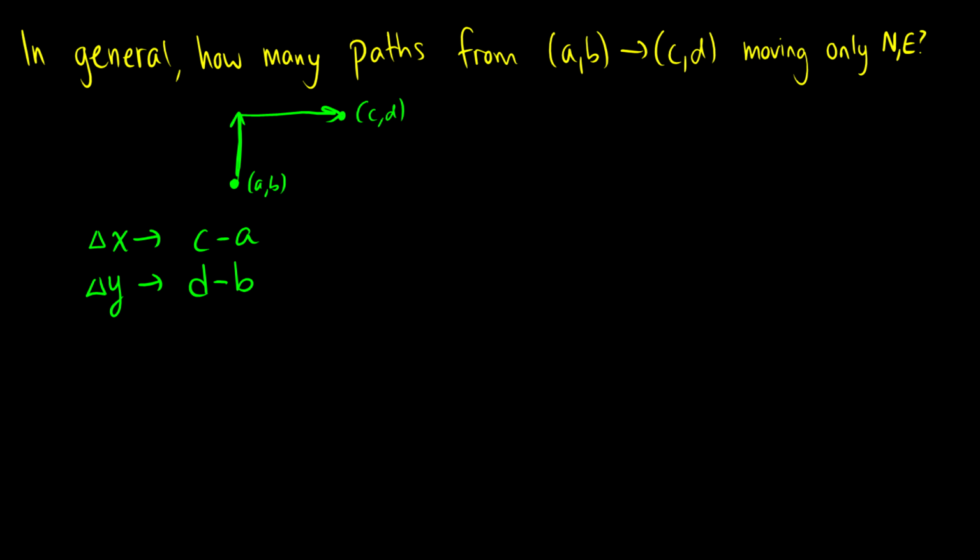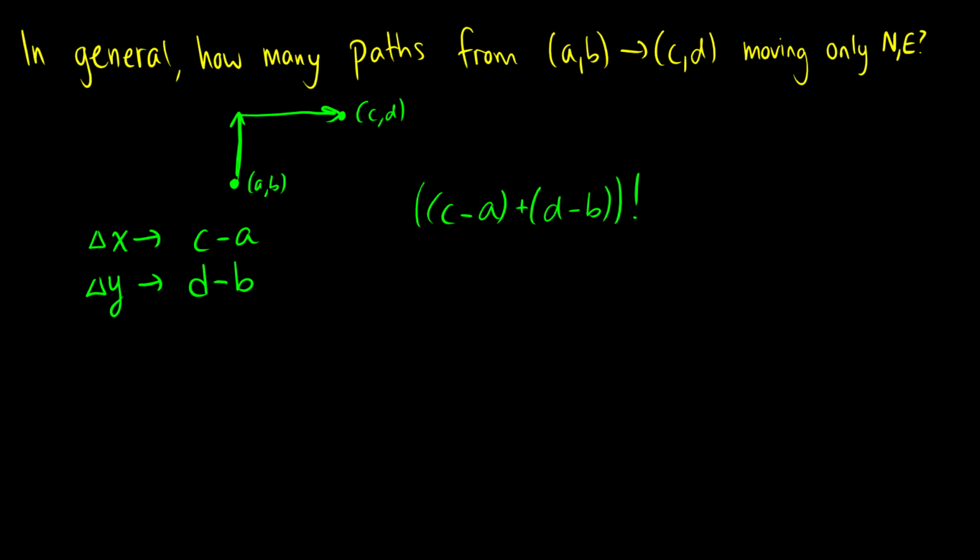So how many total ways, or how many total moves are there? How many total norths and easts are there? Well, there's going to be C minus A moves to the right plus D minus B moves north. So that's the total amount.